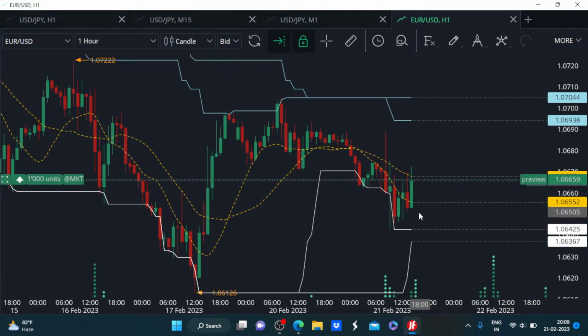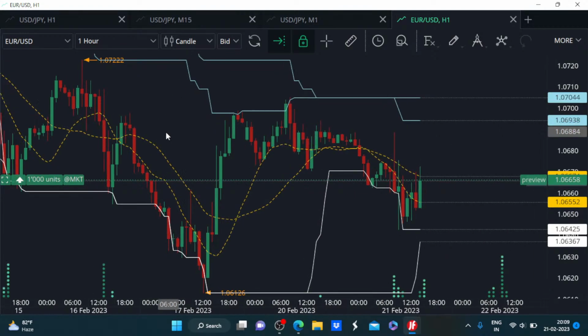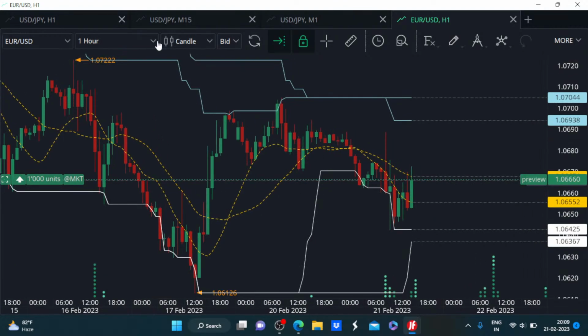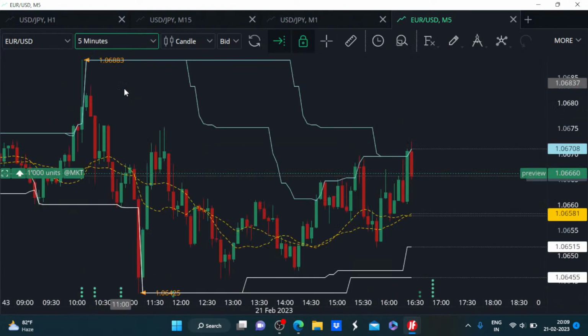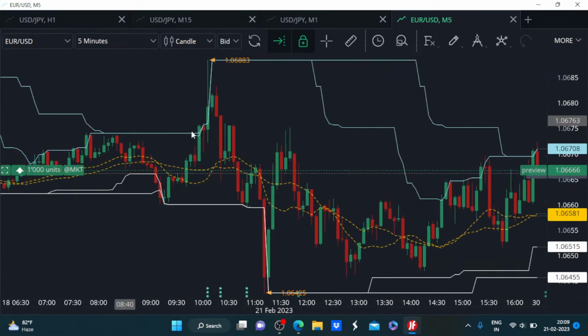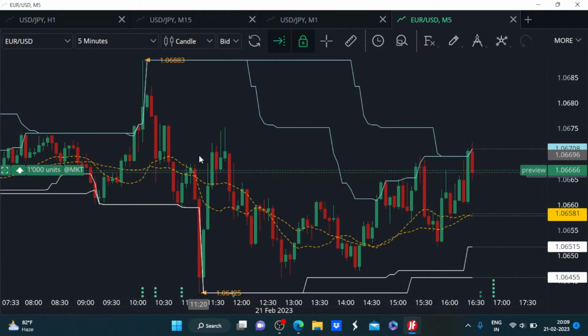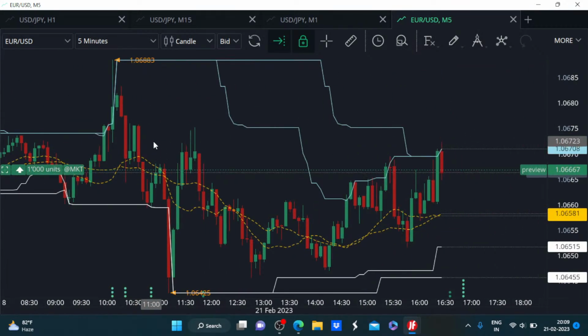So the momentum is with the dollar, and we will do well to keep looking for opportunities to go short in the Euro USD as well. Now let's compare its price moves to that of USD JPY to see which is the best instrument to take advantage of the dollar strength.